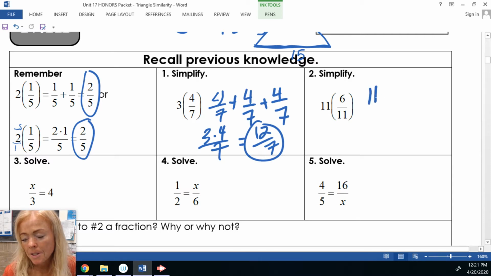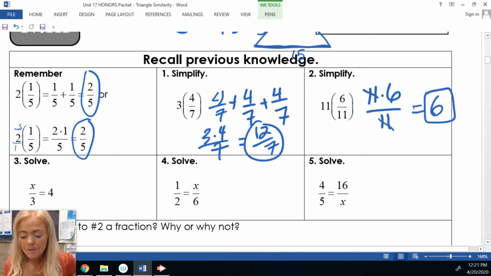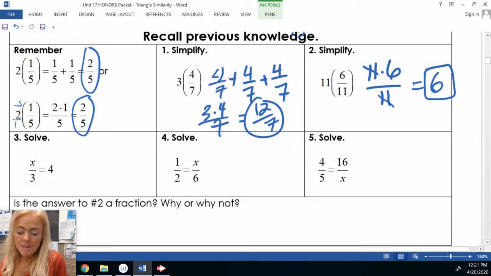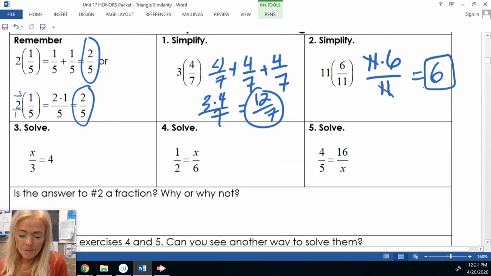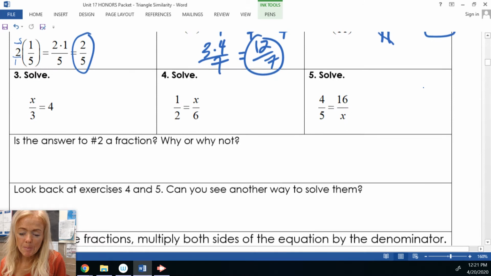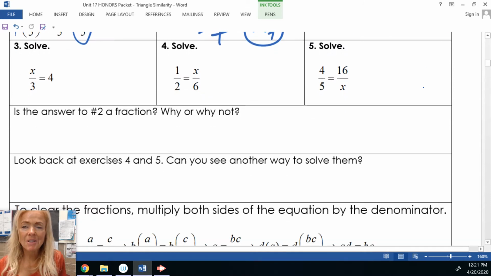Just note that we can take 11 times 6/11, and that's going to be 66/11. We also know we can divide out the 11 because there's an 11 multiplied on top and bottom, and we get 6. All right, so those are just some little things to remember while we're solving fractions. Fractions are probably the most feared or disliked type of mathematics out there. But anyway, that's what happens when we're dealing with similar triangles.